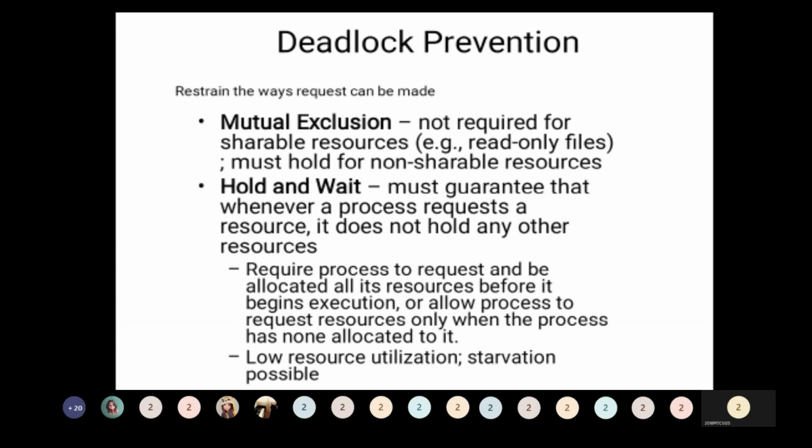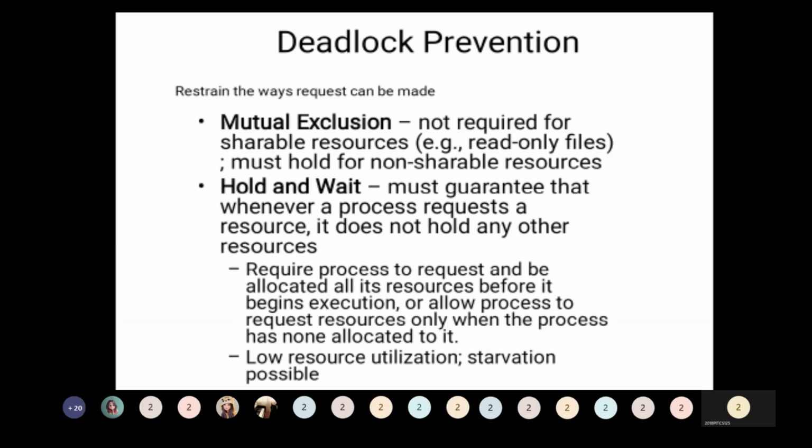Then hold and wait. We must guarantee that whenever a process requests a resource, it does not hold any other resource. Suppose process P1 is requesting a resource R2. R2 can be assigned to P1 only if P1 is not currently holding any other resource. If it is holding any other resource, definitely R2 will not be given to P1.